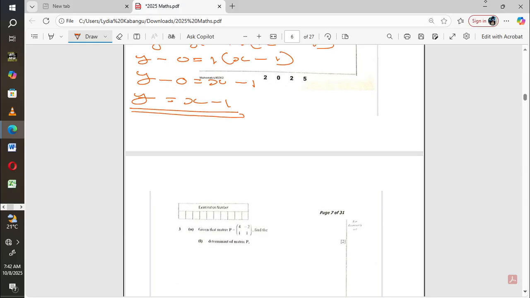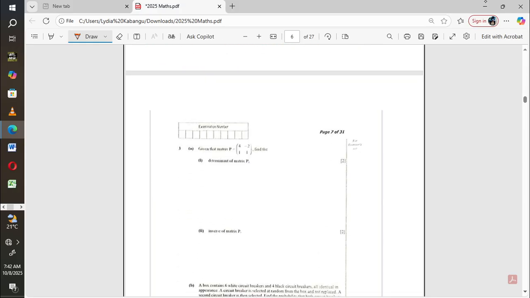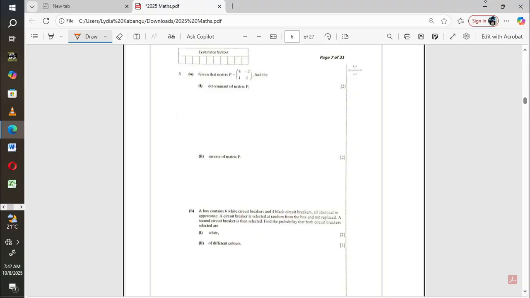Okay, we go to the next question, which is question 3a. The question reads: given that matrix P is equal to 4, 1, negative 2, and 1, find the determinant of P. This is how we calculate the determinant of P. To calculate it, we have the major numbers and the minority numbers.